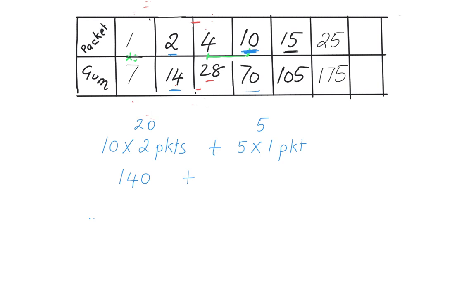Then 5 lots of 1 packet means 5 lots of 7. I know that 10 lots of 7 is 70, so 5 lots of it would be 35. Over time, you want to hear your students making those connections. 140 plus 35 is 175 sticks of gum.